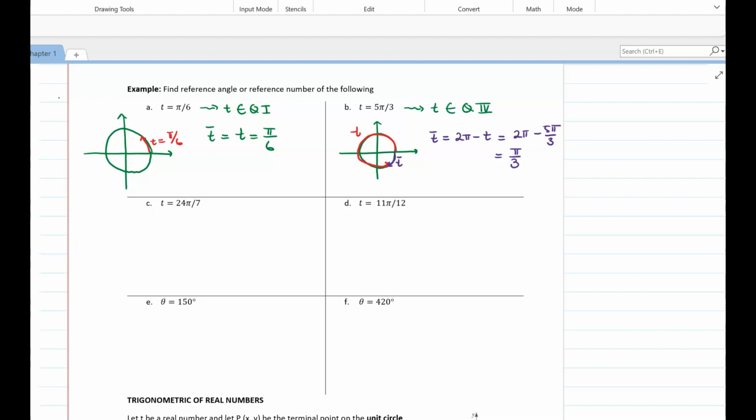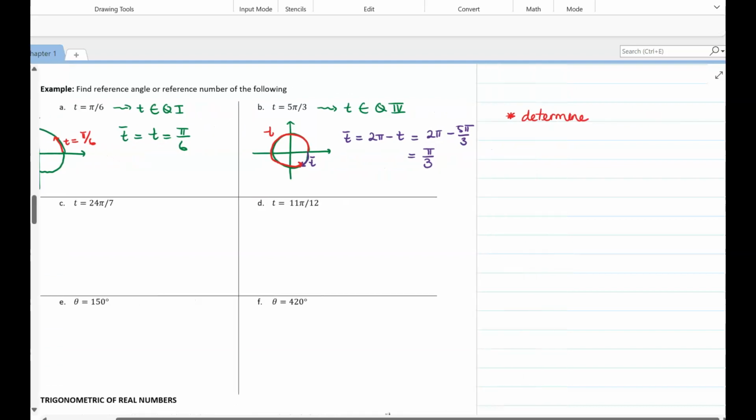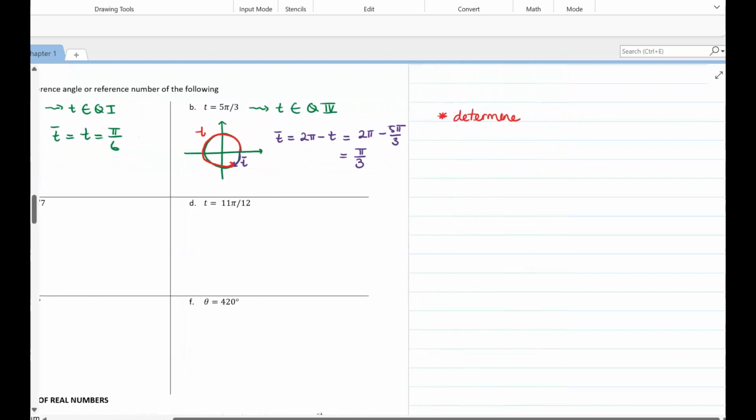So to find the reference angle, as you can see here, our first step is to determine in which quadrant the t belongs to, and then we will find t bar accordingly.